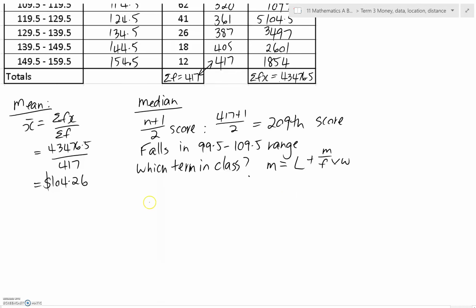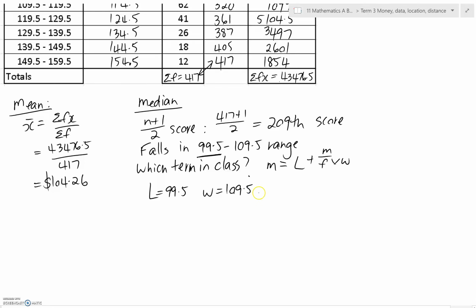L equals the lowest value in the class, the lowest value in the range that we want. So our L equals 99.5 because that's the lowest value in the range that we're after. Our W is the width of our class.